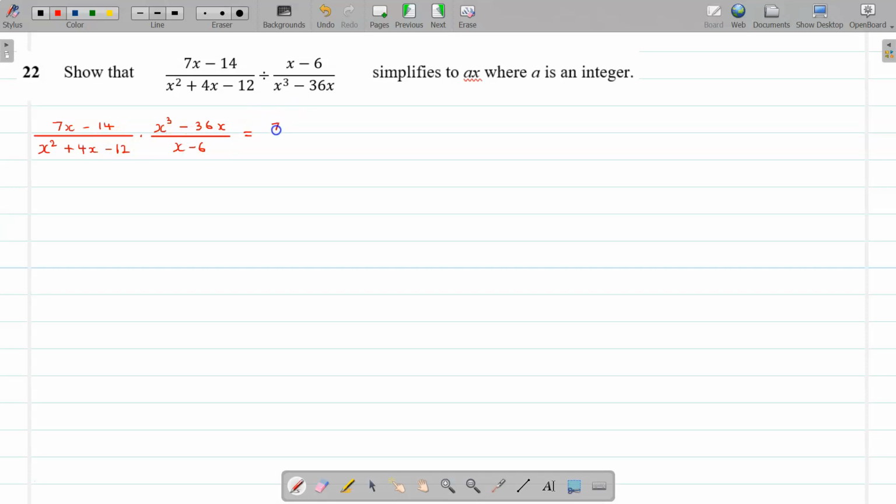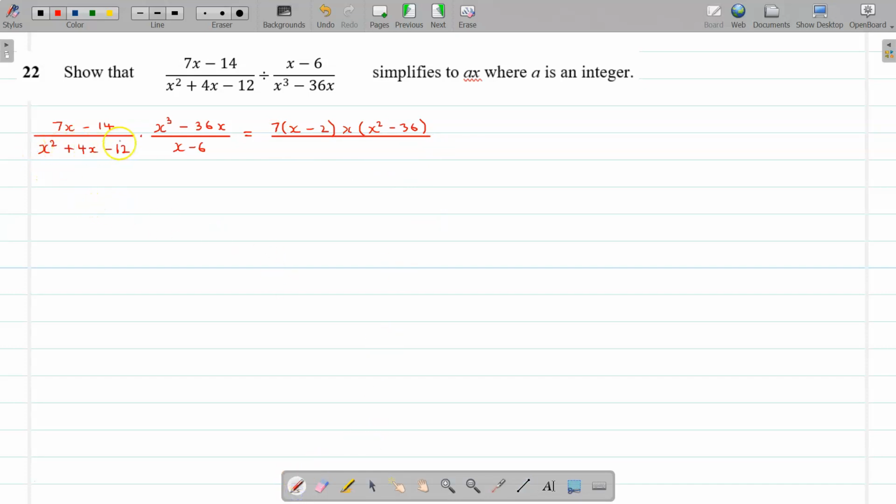So looking at the left, I've got a factor of 7 times x minus 2. And then on this part here, I've got a common factor of x, and in a bracket, x squared minus 36. I'll come back to that in a moment. And underneath all of that, we have a quadratic that factorizes.